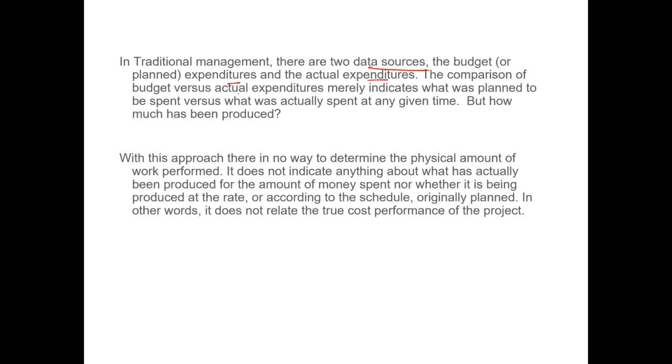The comparison of budget versus actual expenditures merely indicates what was planned to be spent versus what was actually spent at any given time. It doesn't have this component of production attached to it. So that was the only basis of decision making.